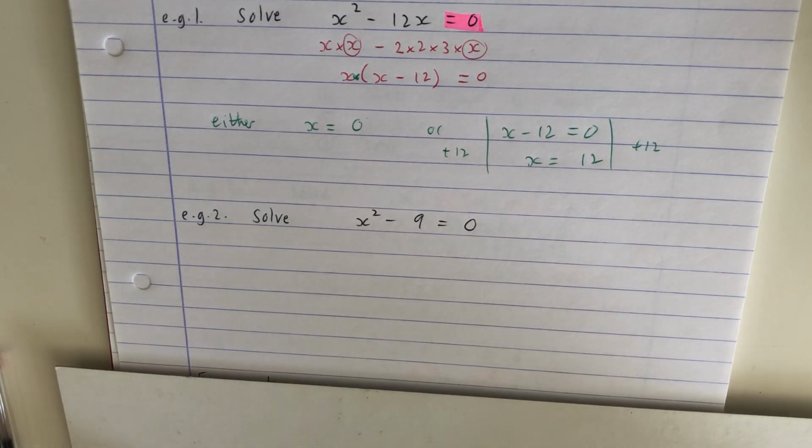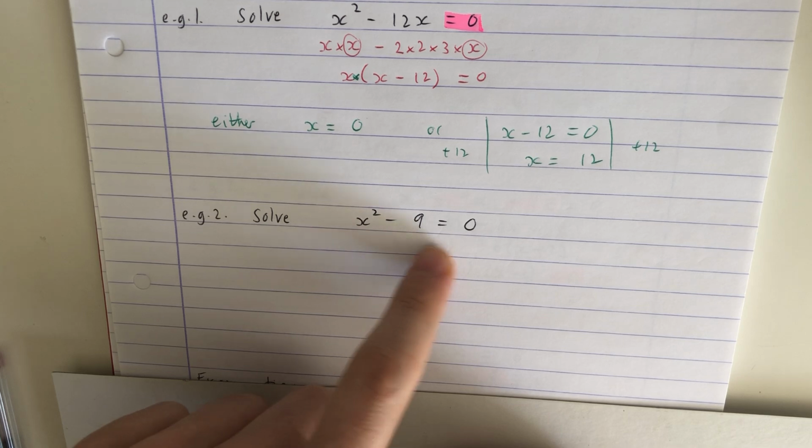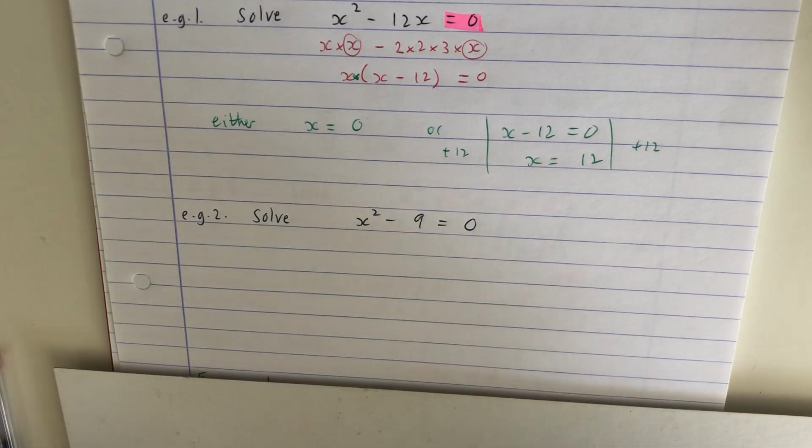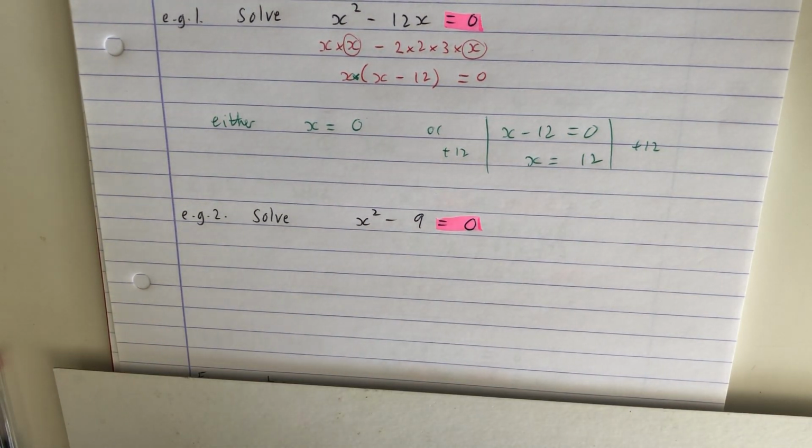Right, example number 2. Gonna keep going. We have a two-term quadratic, x squared minus 9 is equal to 0. Only two terms. Go through the same method. Is it equal to 0? Yes, it is. Step 1 done. Factorize it. Now, because it's got two terms, we try and use single bracket factorizing, because that's most of the time the one that works.